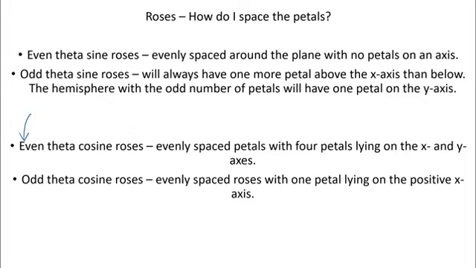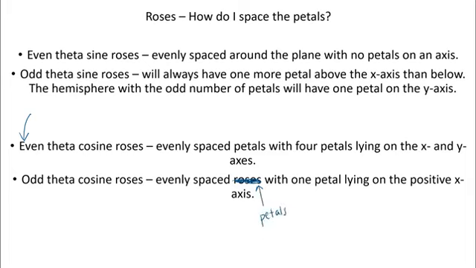Now when it comes to odd theta cosine roses, so like cosine 3 theta, 5 theta, 7 theta, and so on, we will evenly space those petals, but the first petal we're going to place will be on the positive x-axis. This shouldn't say evenly spaced roses. By the way, that should say evenly spaced petals.